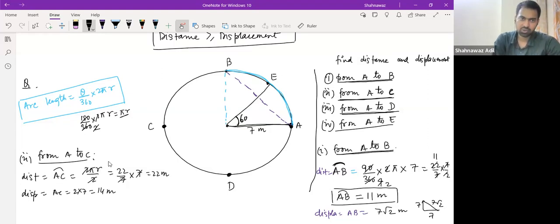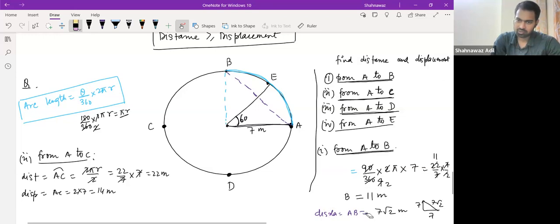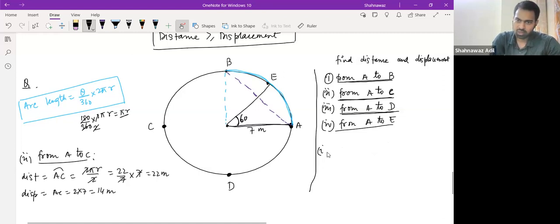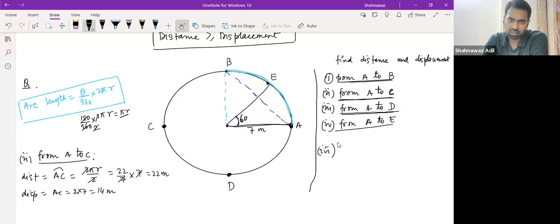So I will erase this part, and the third question. So for the third question, what would be the distance?